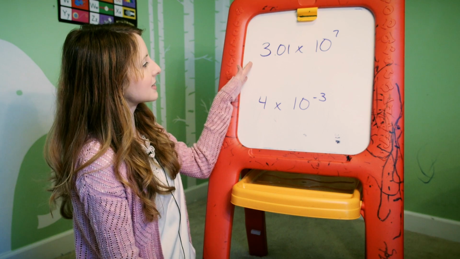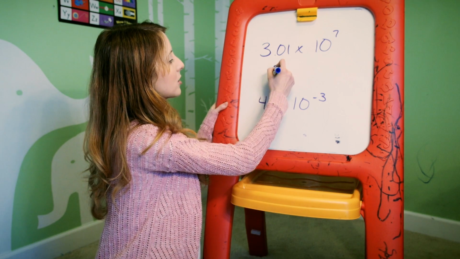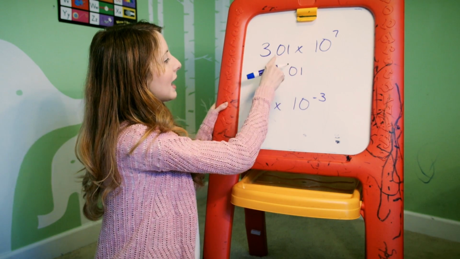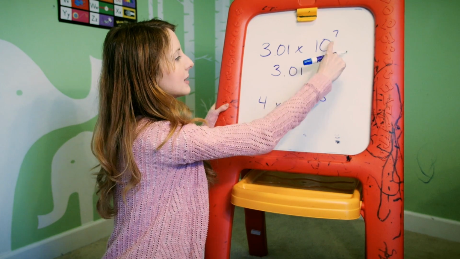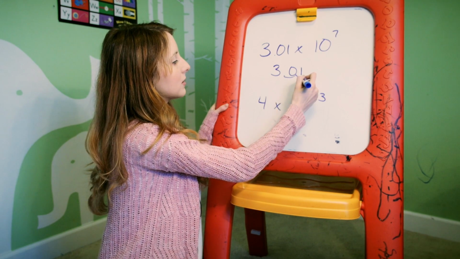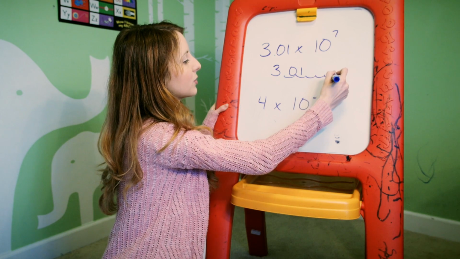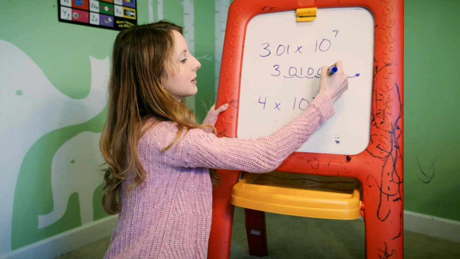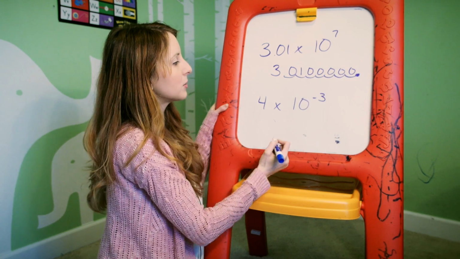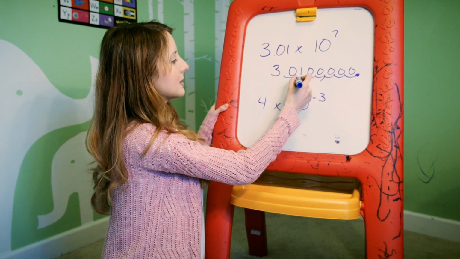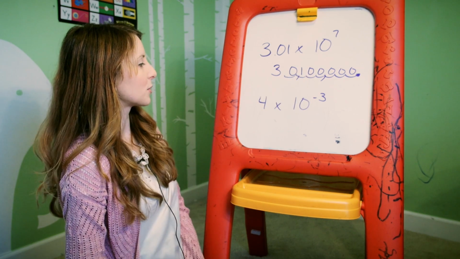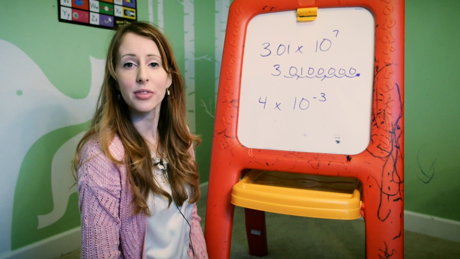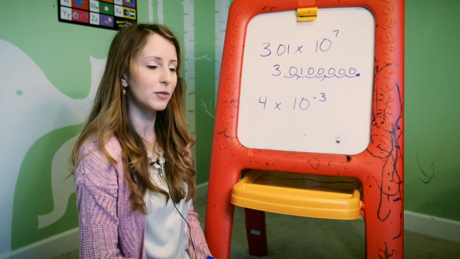So here, to write it in standard form, I'm going to take 3.01 and move that decimal point to the right 7 places. 1, 2, 3, 4, 5, 6, 7. Fill those little empty places in with zeros and add some commas to make it look nice. So 30,100,000 is my number in standard form.